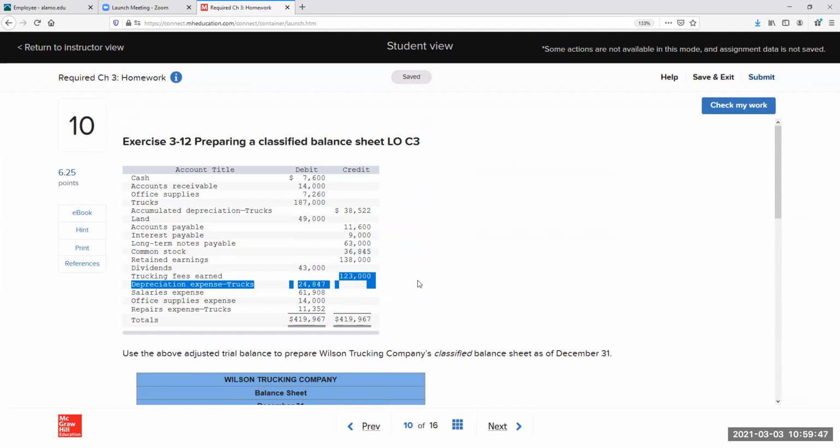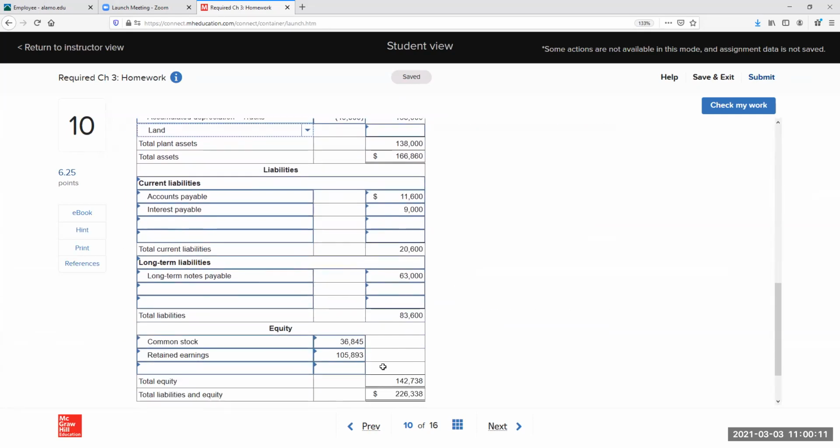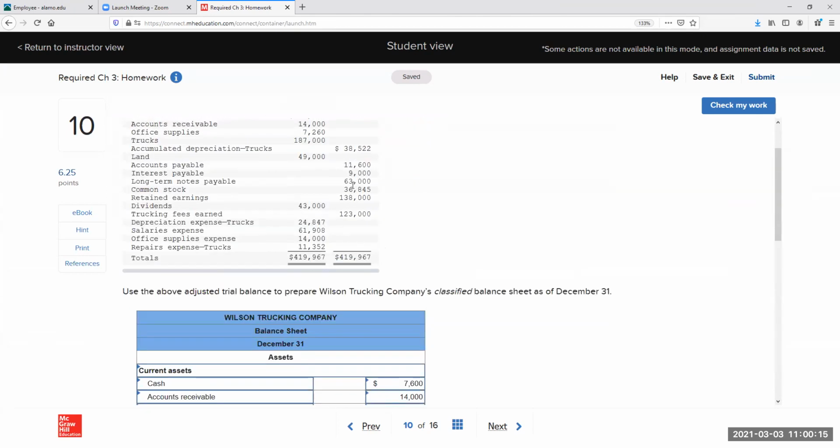So let me try that. 138 plus 123 minus the 43. So I got the same thing, 105. So what am I missing here? Long-term note, interest payable, accounts payable.